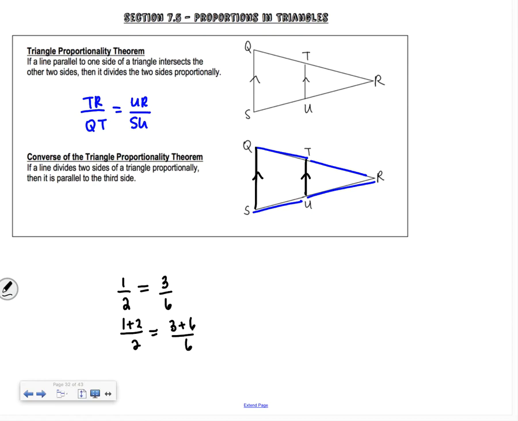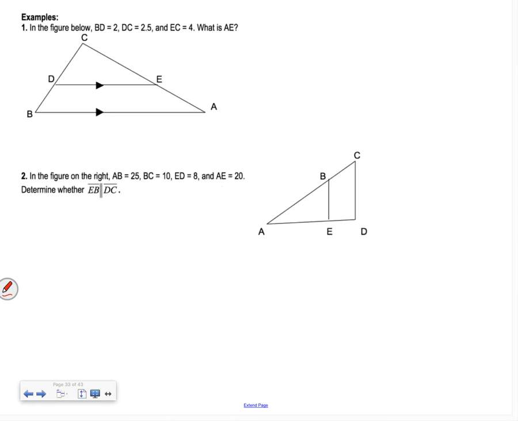So it's kind of the opposite. It's saying if I started with the two pieces and I subtracted 2 and subtracted 6, it would be the same. So we're talking about these smaller pieces, not the whole side of the triangle. I don't know if that makes much sense right now, but you can ask questions about it in class. So let's go ahead and do some examples.